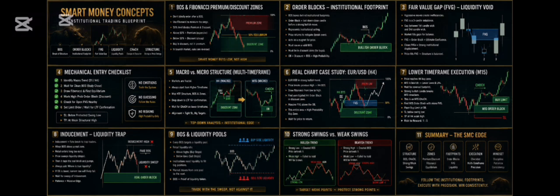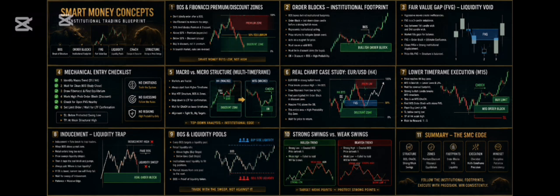It must also rest perfectly within your defined discount zone, or premium zone for bearish setups. Combining break of structure, discount pricing and valid order blocks creates a high probability mechanical system. Let us analyze how to draw your execution zone precisely around this block.